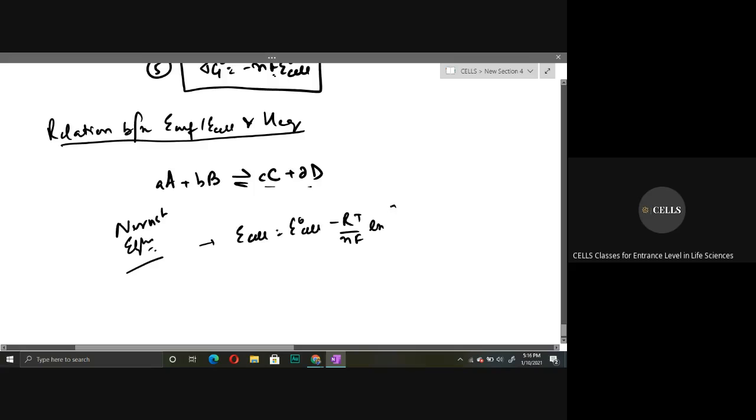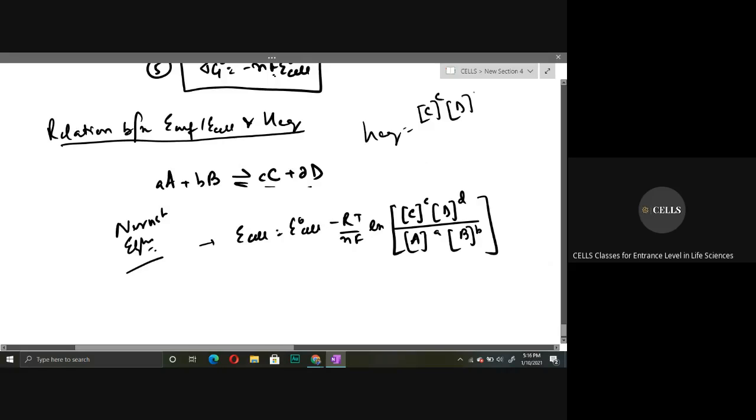So we write the concentrations to their powers: C to the power c, D to the power d, by A to the power a, B to the power b.